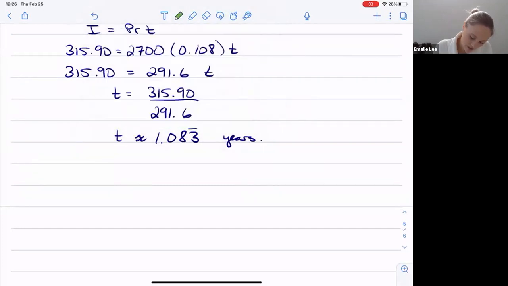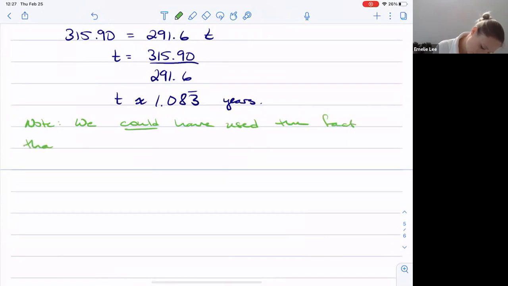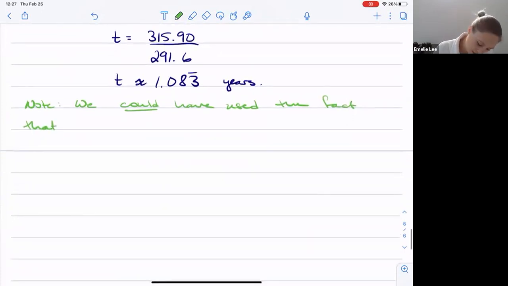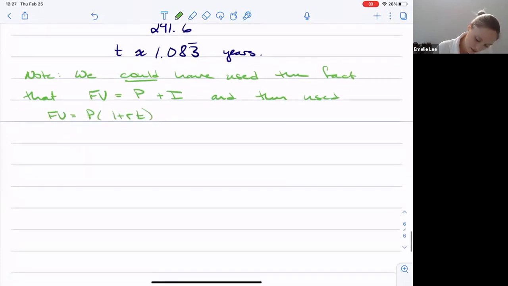And here I just want you to note we could have used the fact, going back to what I was saying earlier, that the future value is P plus I, and then used FV equals P times 1 plus R times T to solve for T instead.